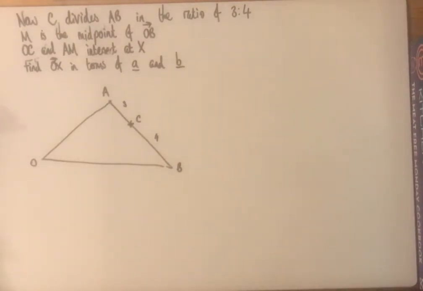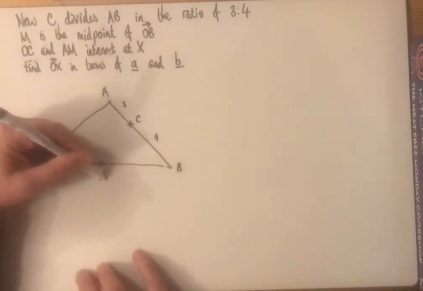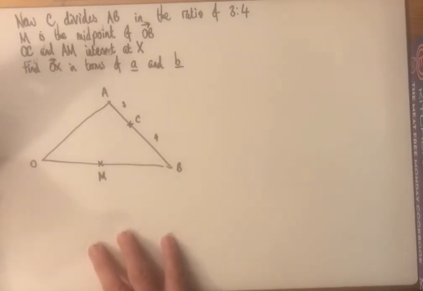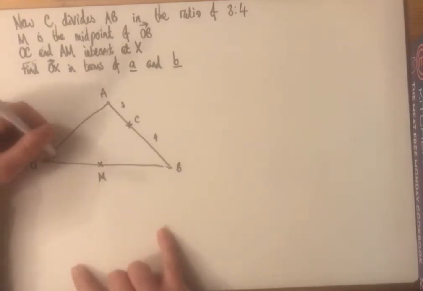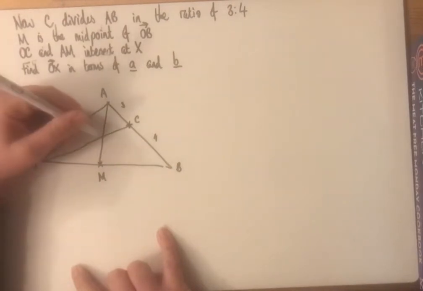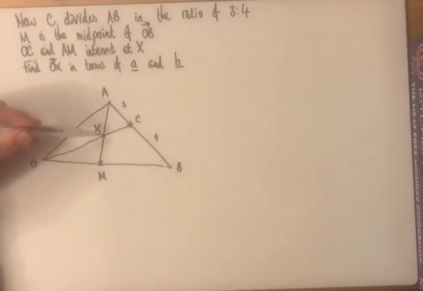M is the midpoint of OB, so M is half the way along OB, and OC and AM intersect at X. So OC and AM intersect here at X, and we want to find OX in terms of a and b.